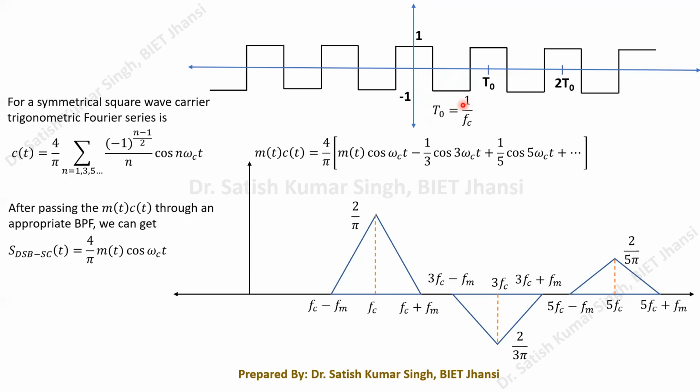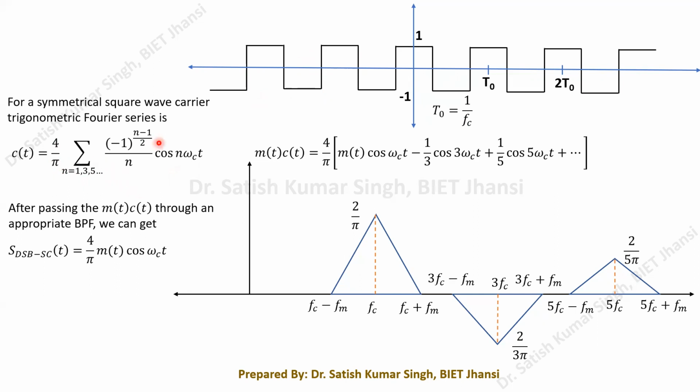Any other frequency component like 2fc, 3fc, 4fc, 5fc will be called our harmonics. In this square wave Fourier series representation, only odd harmonics exist: 1, 3, 5, 7, and so on.